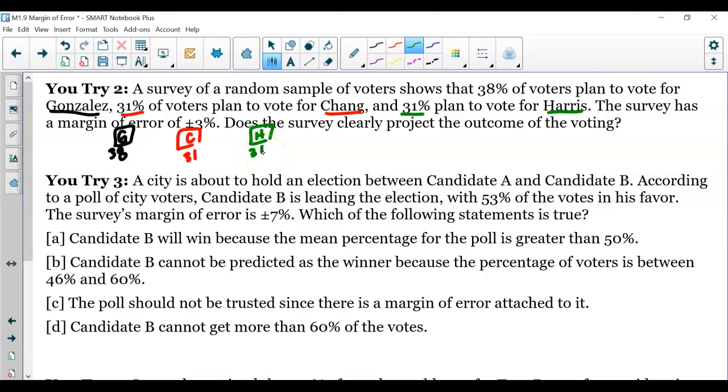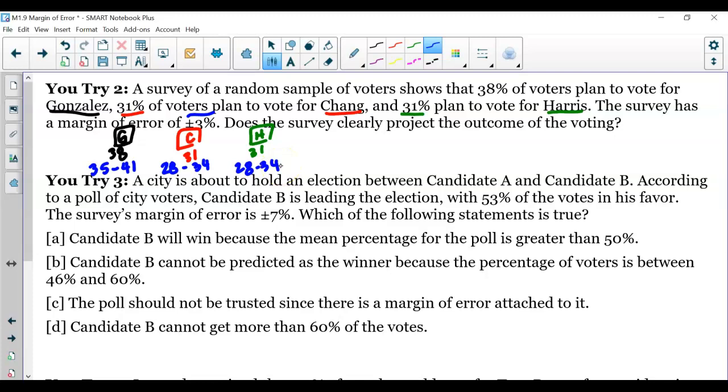Now, that's their percentages right now, but with a margin of error of 3%. So Gonzalez right now with the margin of error is the range of 35 to 41, right? Subtract and add 3. So here with our 3% margin of error, 28 to 34. Add and subtract 3. So same thing.